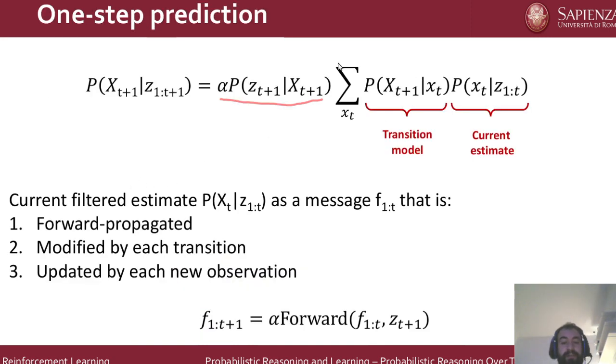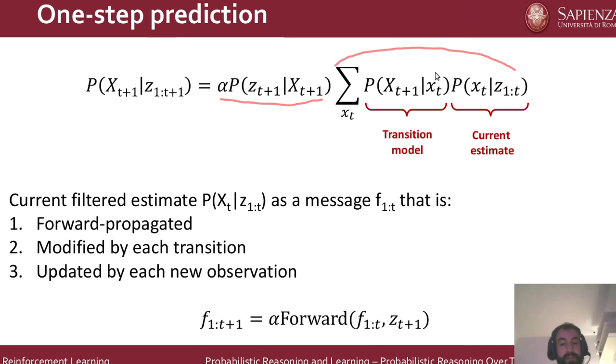Now, this is this term here, and we are computing this term by summing over all the possible values of what would be the previous state xt given all the sequence of observations from 1 to t.